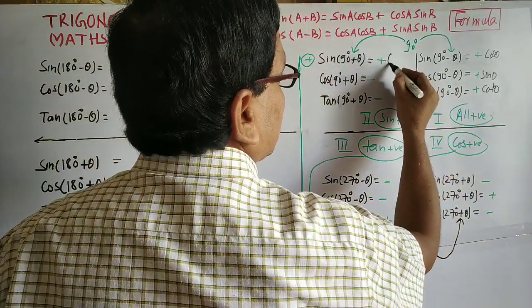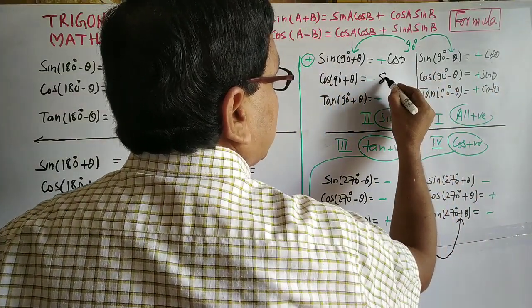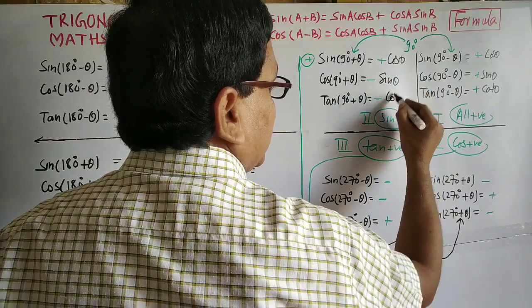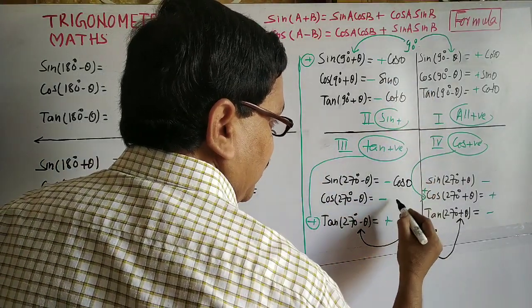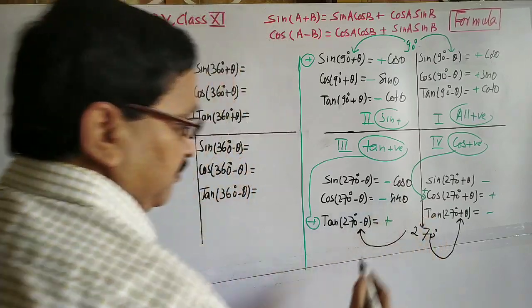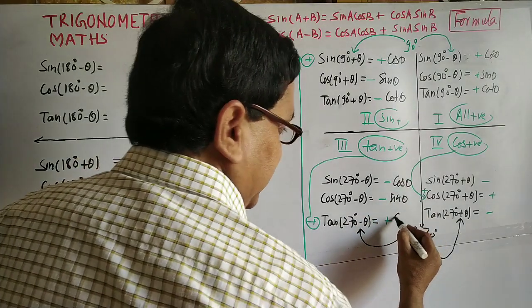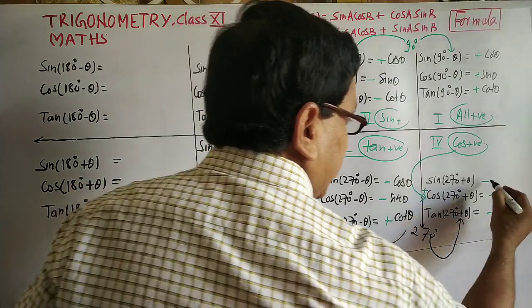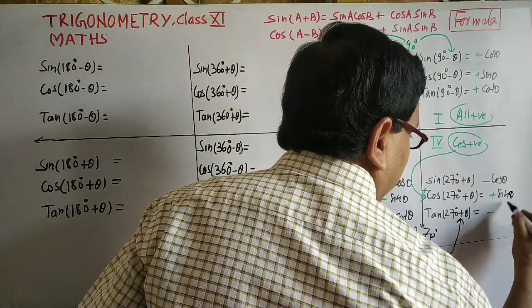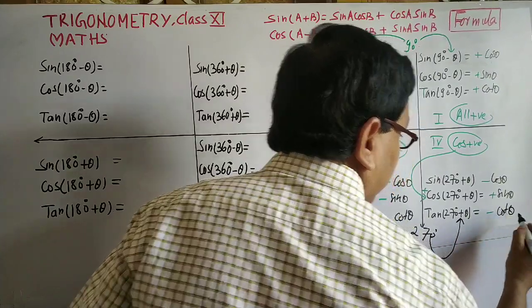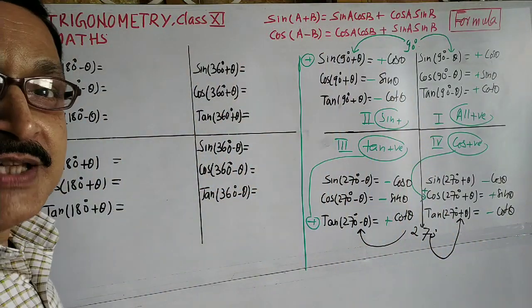Everywhere sine becomes cos theta, cos becomes sin theta, tan becomes cot theta. So all these are ready.